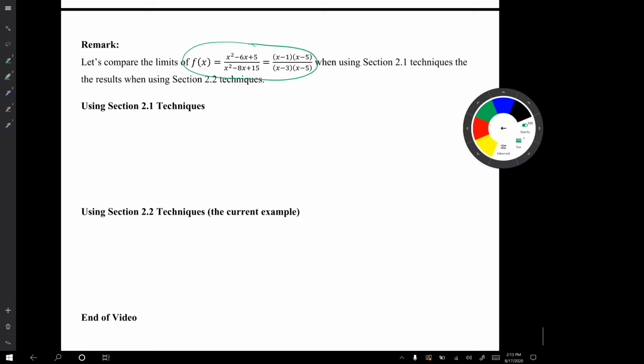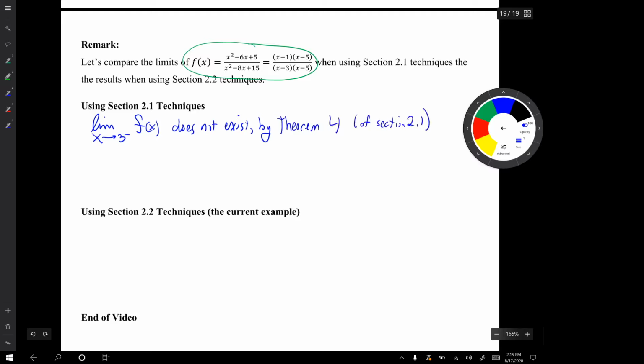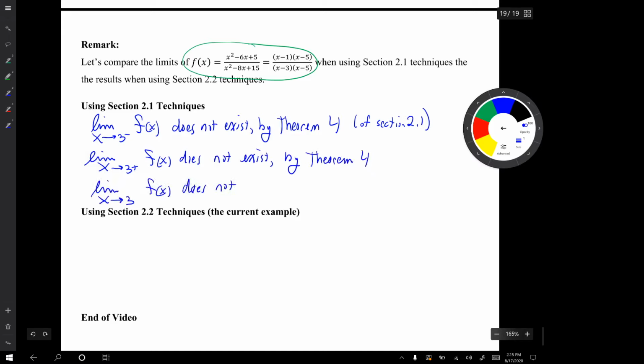So using section 2.1 techniques, in all three cases, the left limit, the right limit, and the two-sided limit, the limit does not exist, because theorem 4 tells us, since the limit of the numerator is not 0 and the limit of the denominator is 0, that the limit does not exist.